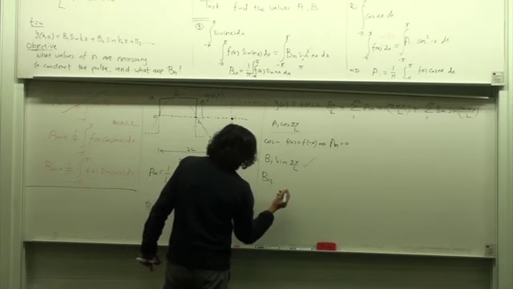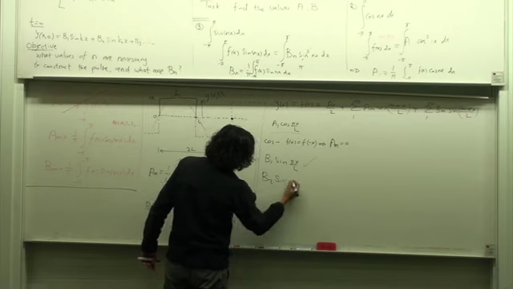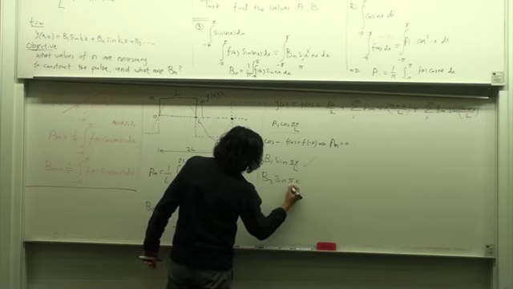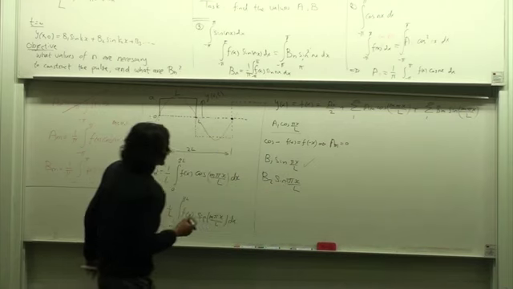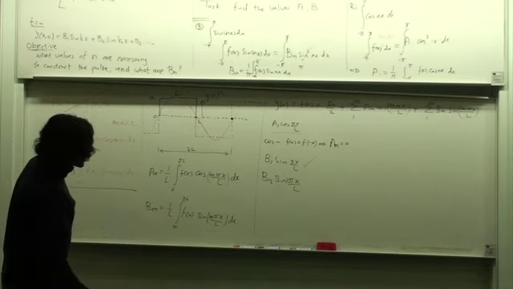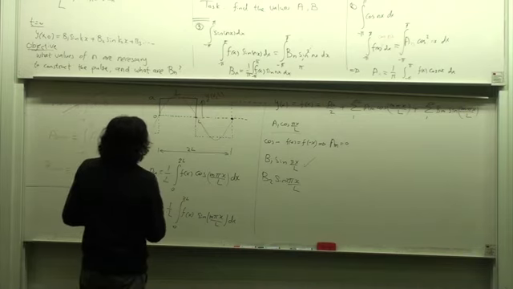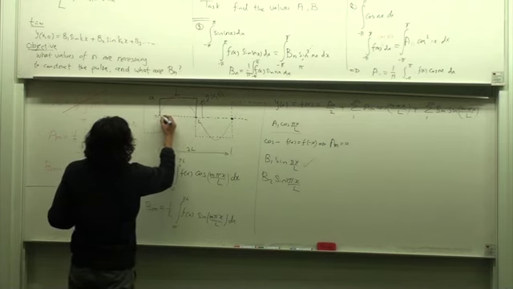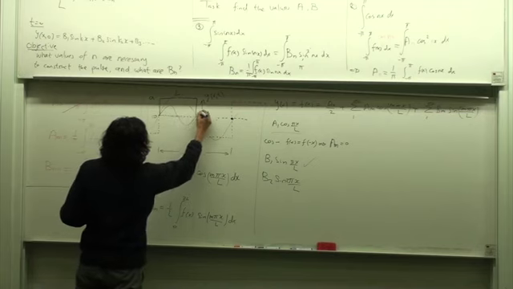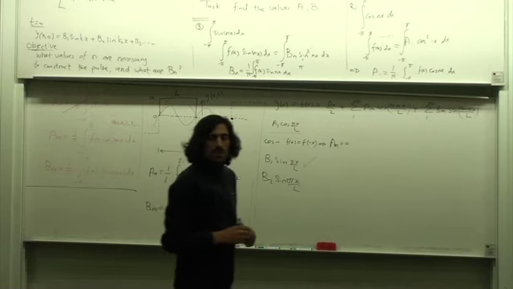b2 is also an odd function, right? Because the sine is an odd function, for the second mode, 2 pi x over L. And it looks something like this. But this is also not good.